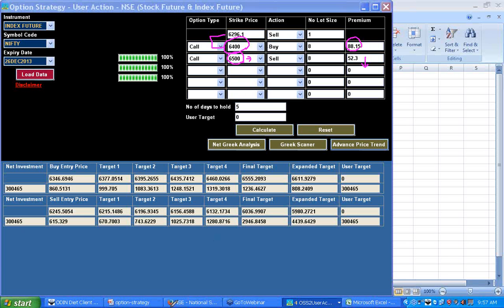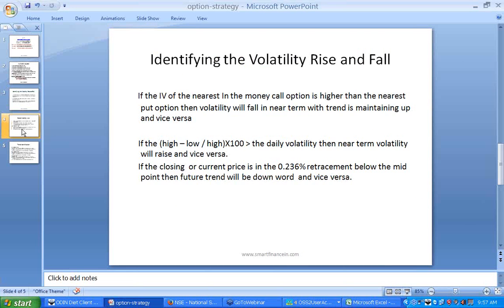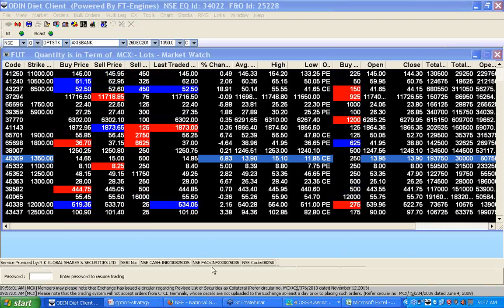However, as per our analysis, in future time to come the volatility is going to fall. IV is going to fall. So this is also one of the strategies you can think of taking.